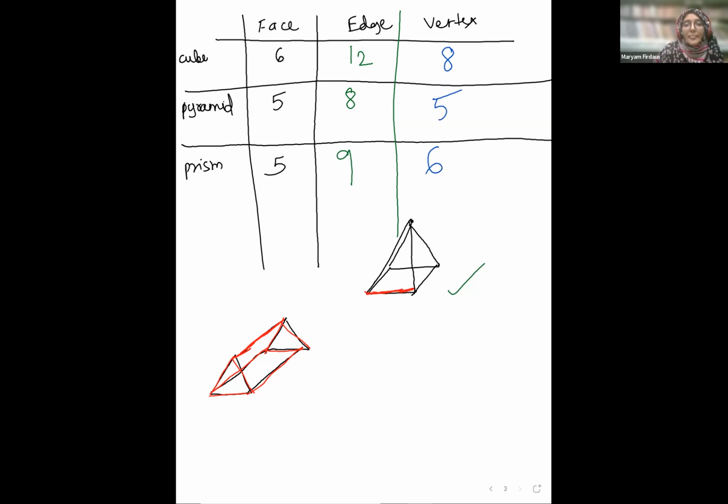How about a cylinder? How many edges does it have? How many edges does a cylinder have?